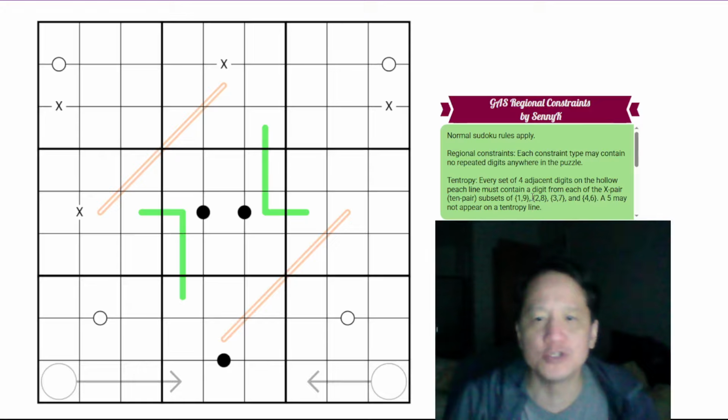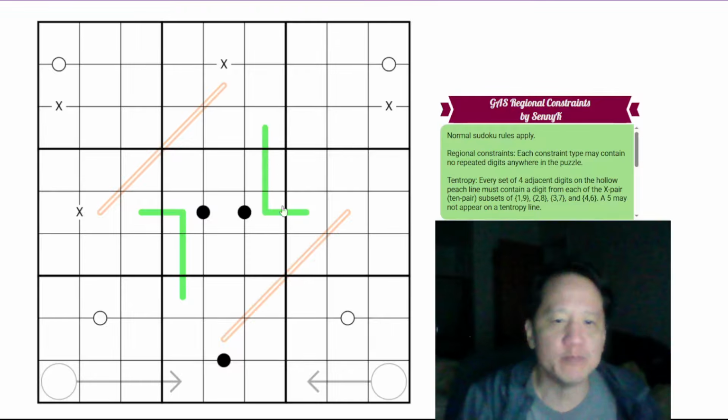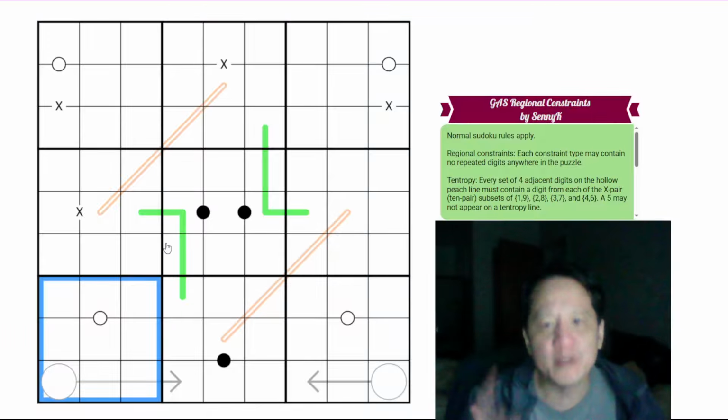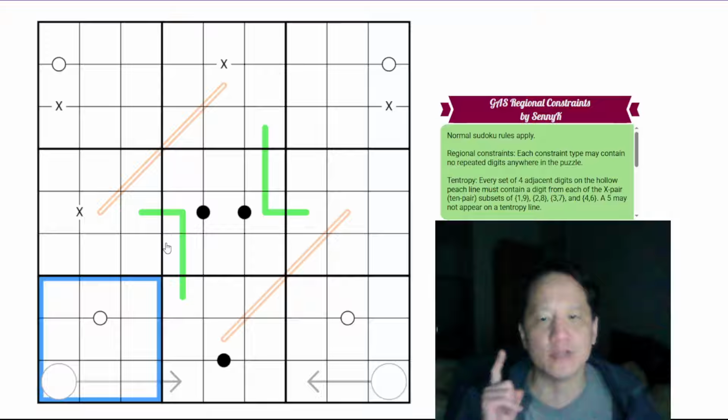We have normal Sudoku rules apply, which means in every cell in the grid, place a single digit such that every row, column, and designated 9-cell region contains the digits 1 through 9 exactly once each. We have regional constraints, where every constraint type may contain no repeated digits anywhere in the puzzle.